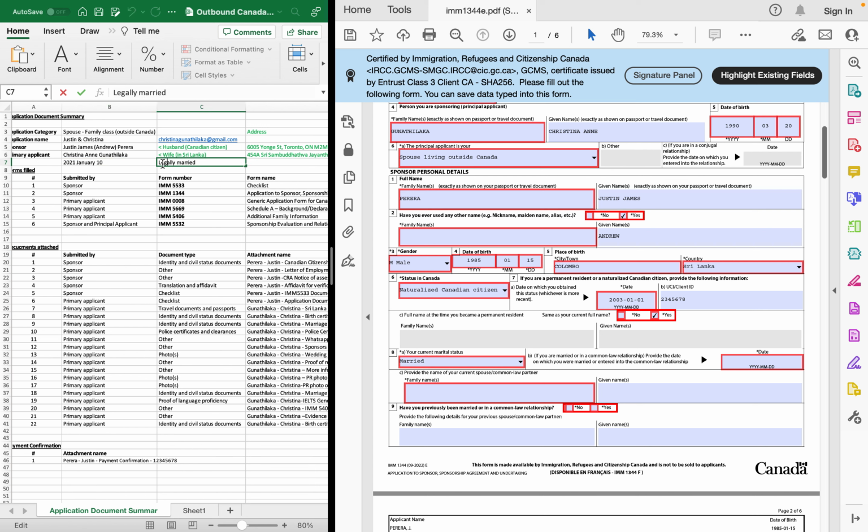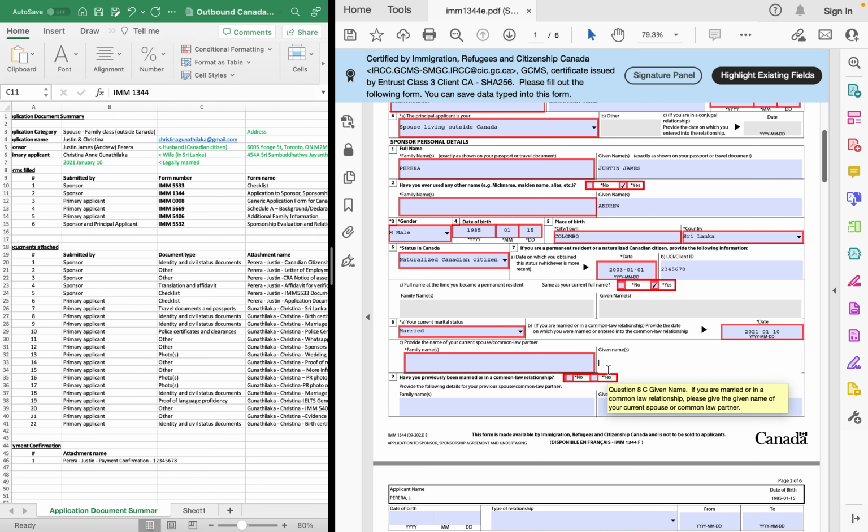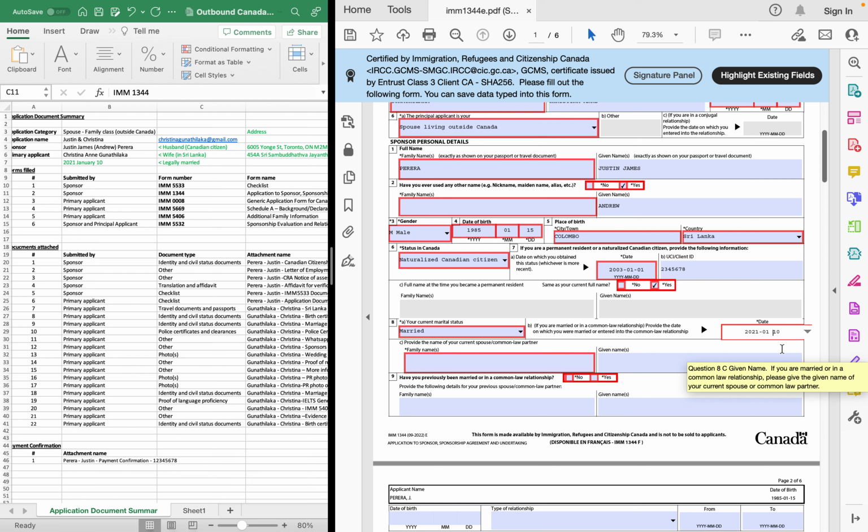Okay, this is the date you were legally married. So that's the exact thing I'm gonna put: 2021, 01, 10. Make sure you follow the same format. Yeah, I think it should be fine. Let me add the dashes as well to be on the safe side.